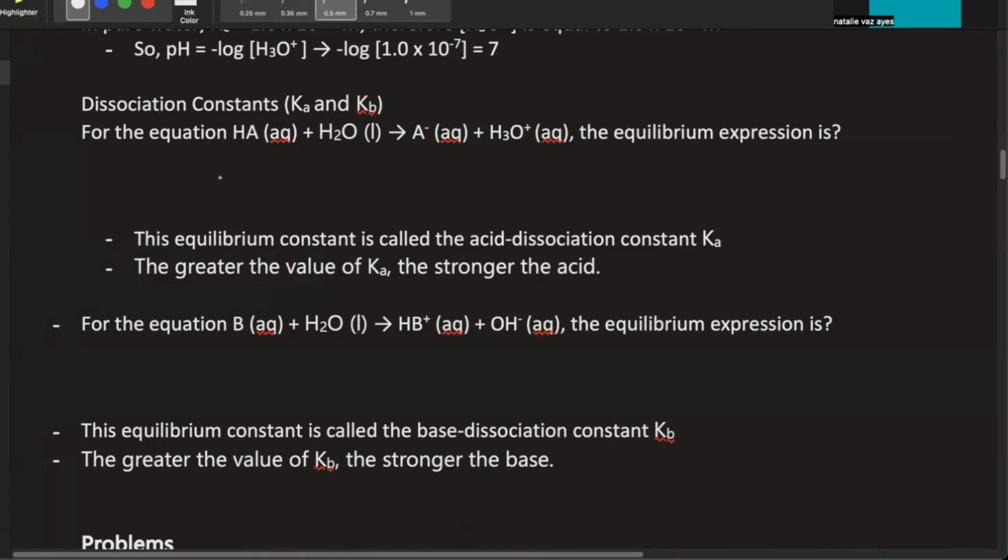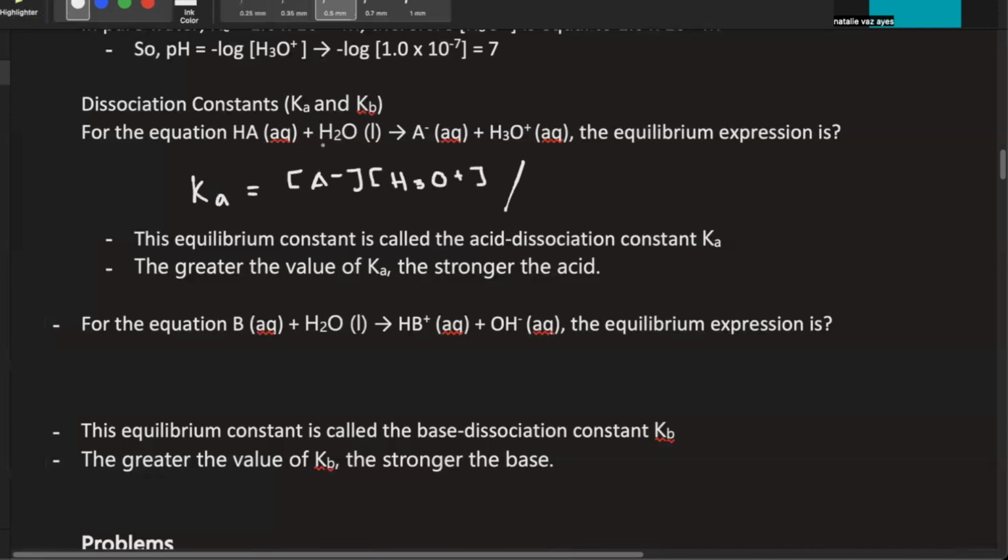Since it's a Ka, because we're looking at acids, Ka is going to be equal to the concentrations of the products, that's going to be A minus and H3O plus, over the reactants.